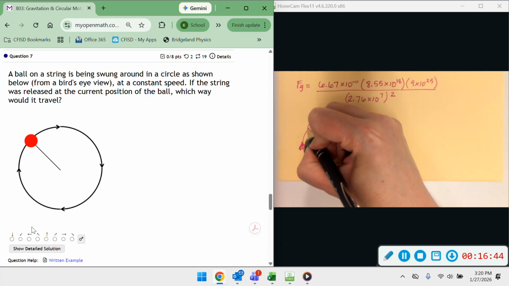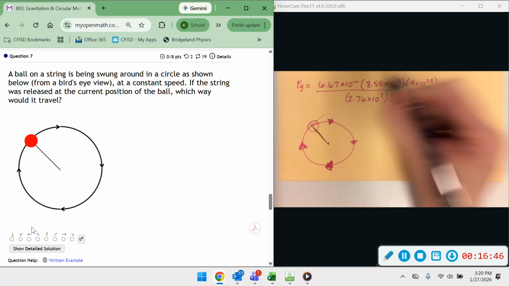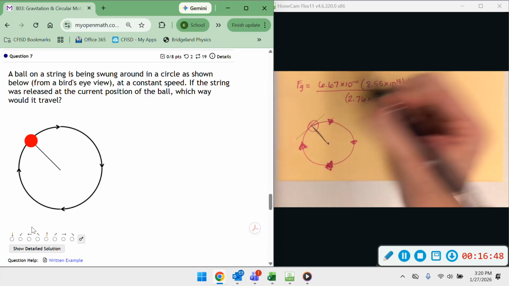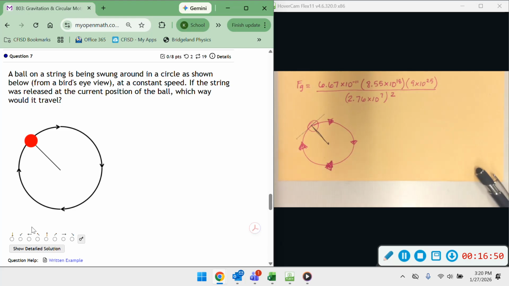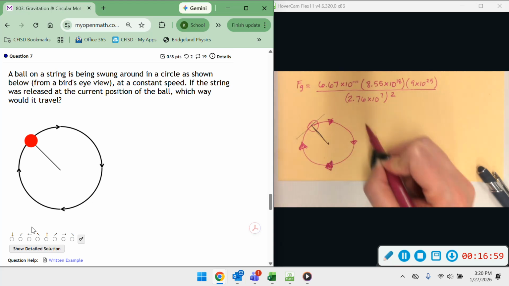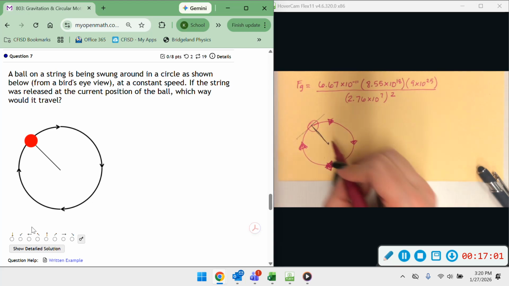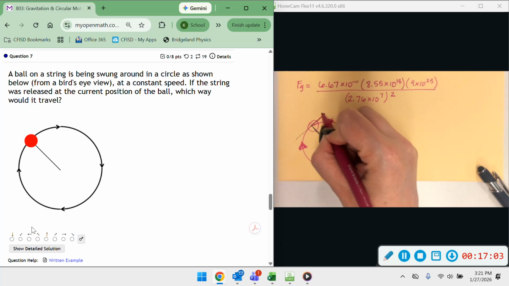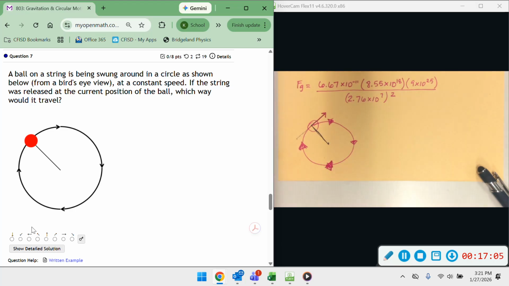So the tangent line looks like that. It would go like this. However, you need to figure out, is it going to go this way or this way? Well, based on the direction that this thing is rotating, whenever it gets to this point, if the rotation is like this, in this clockwise direction, well then this would be the direction it would fly off at that point.